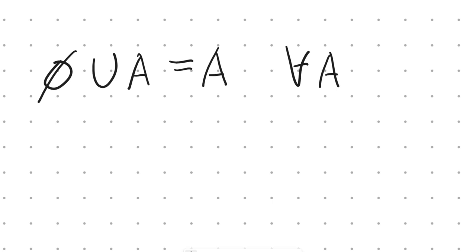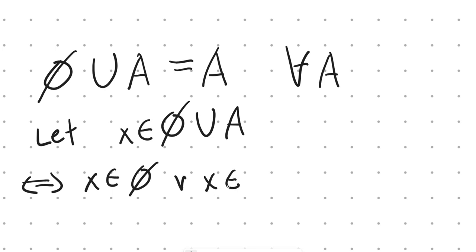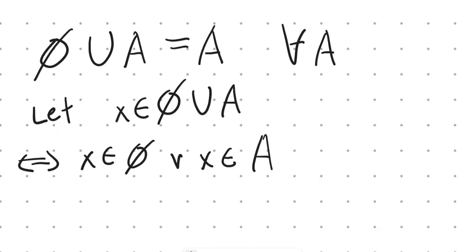So let X be an element of the empty set union A, I'm sorry. This would be equivalent to saying that X is in the empty set, or X is an element of A. Now, if X is in the empty set, it is never possible.